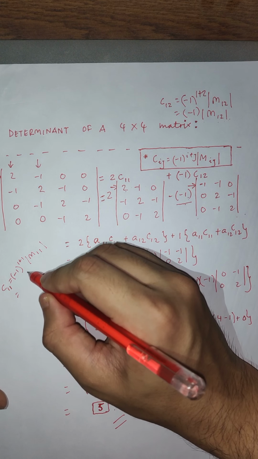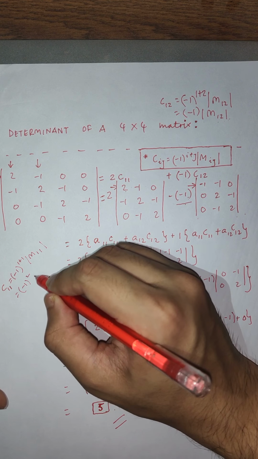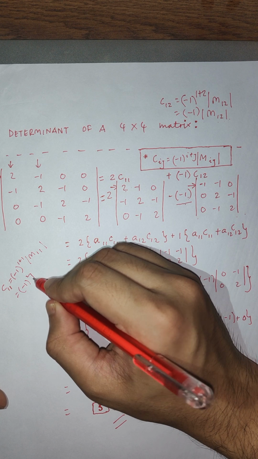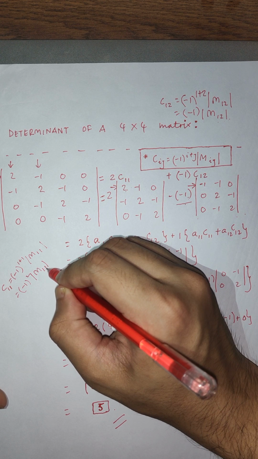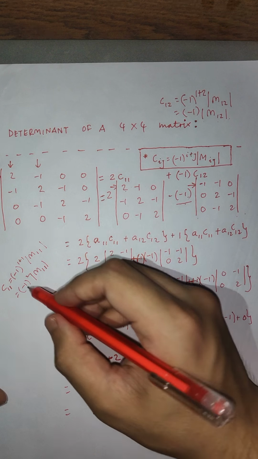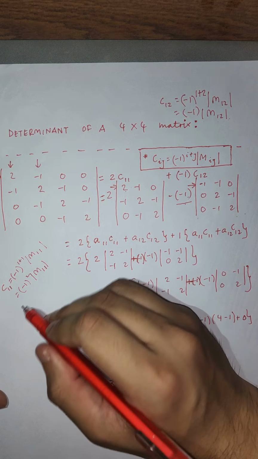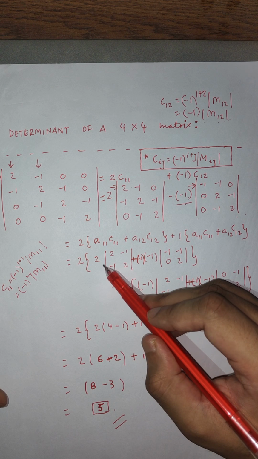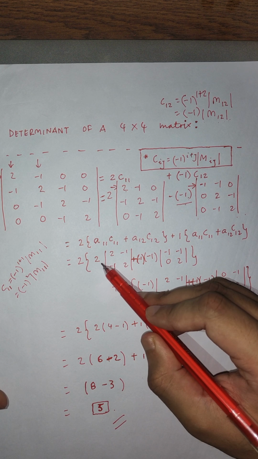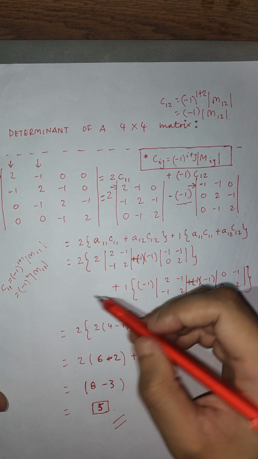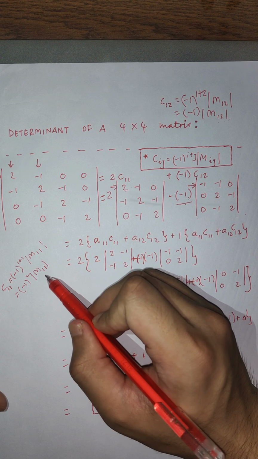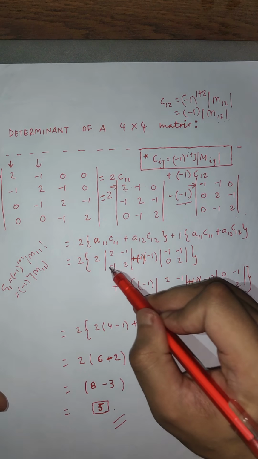So -1 to the 2 times the determinant of the submatrix for the position 1 1. -1 to the 2 is just 1, hence I don't do anything here, but we have this determinant of M11.